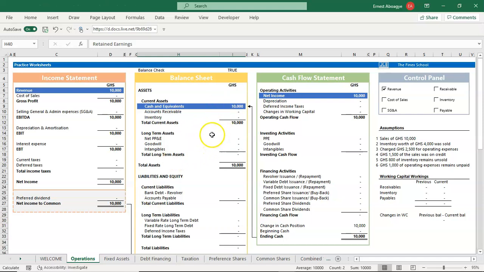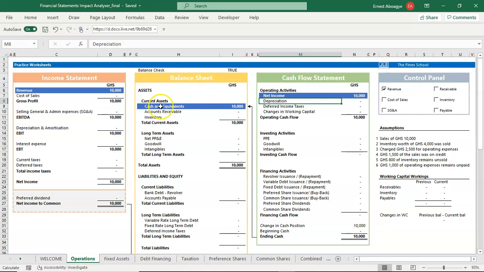Now, when that happens, the net income line will also feed the cash flow line. And then again, there are no notional costs, depreciation and deferred taxes, and also there are no working capital adjustments, which means that there are no sales made on credit or no expenses on credit and no inventory movement and whatnot. The working capital is flat at this point.